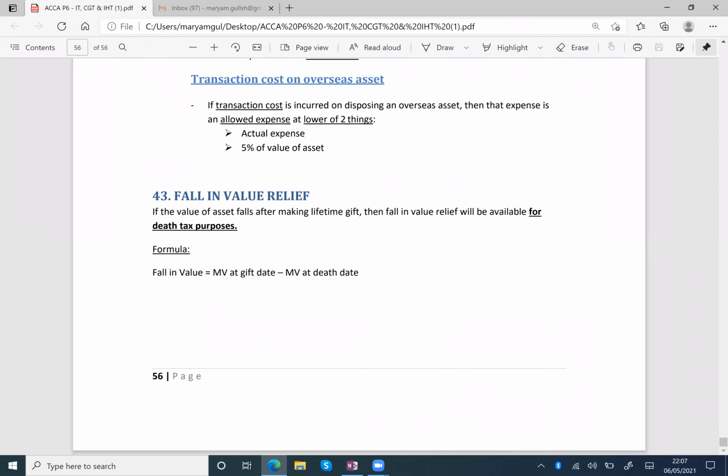So fall in value relief is: if the value of the asset falls after making a lifetime gift, meaning a PET or CLT, then fall in value relief is available for death tax purposes. The formula is fall in value equals market value at gift date minus market value at death date. So please write down a question on it. Through the question I will tell you the whole concept.